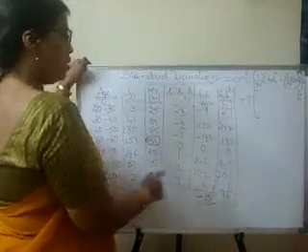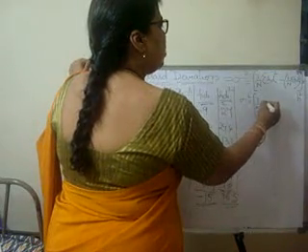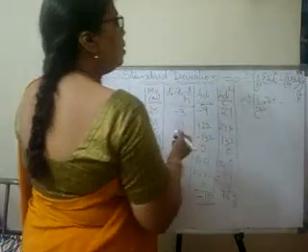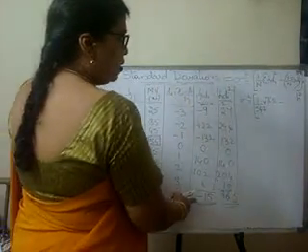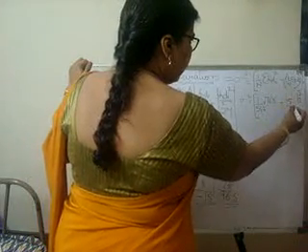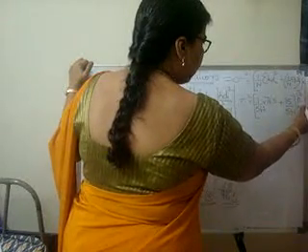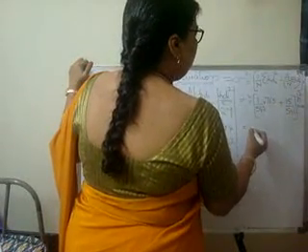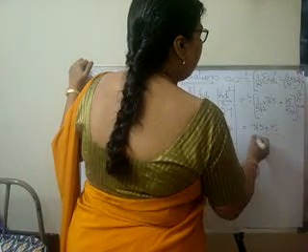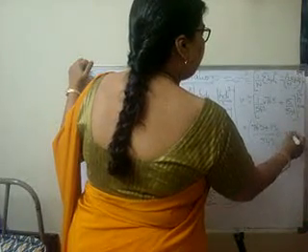Now we substitute. Sigma square equals 1 by n, which is 1 by 542, into 765 minus (summation Fi di, minus into minus, so plus 15 by 542) into h square, which is 100. So 765 plus 15 by 542 into 100.